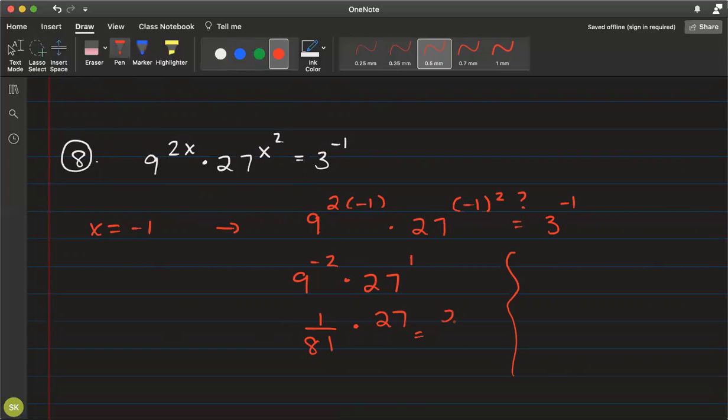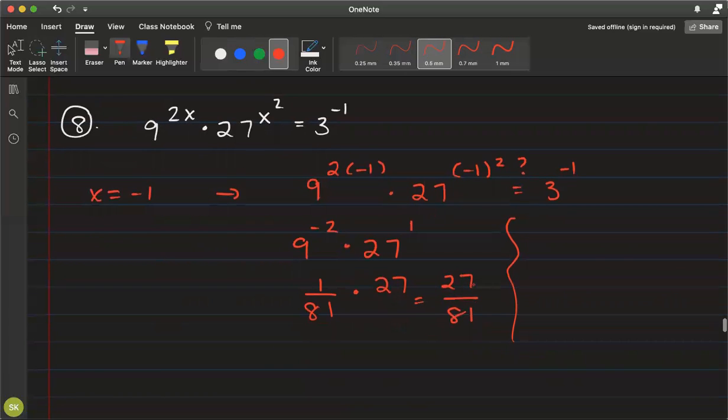So we get 27 over 81. Is 81 divisible by 27? Pull out a calculator. 81 divided by 27 is 3. So this becomes 1 and this becomes 3, and we get 1 over 3, which is the same thing as 3 to the negative 1.